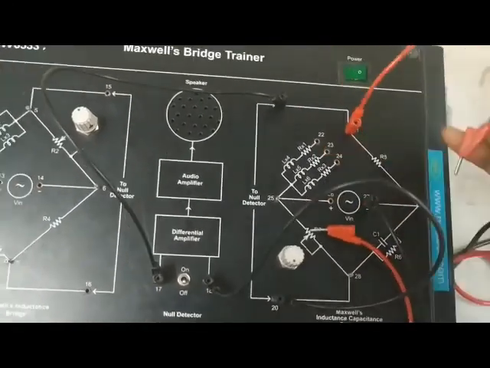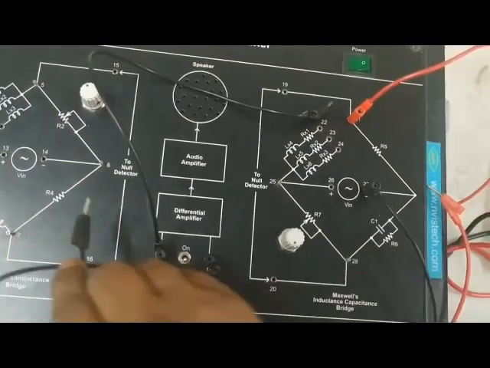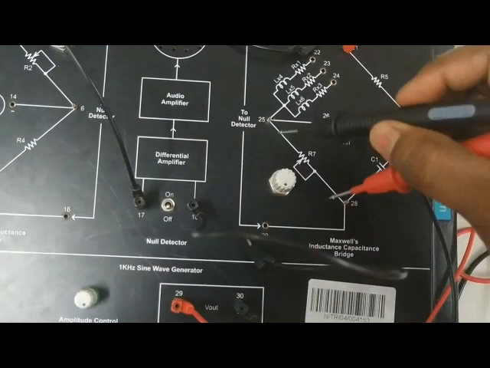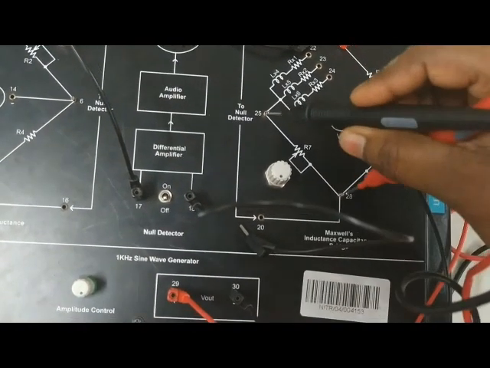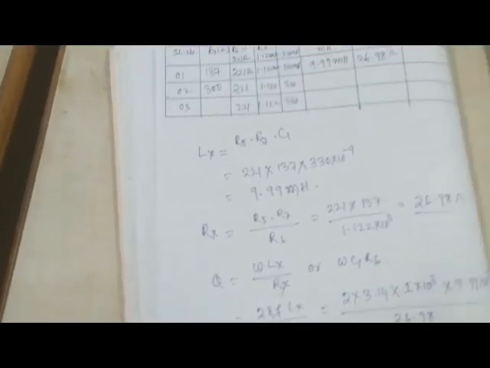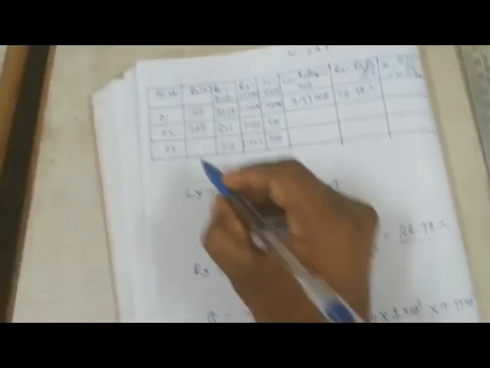Disconnect the wires and take the value of R7 using multimeter. Here 437.